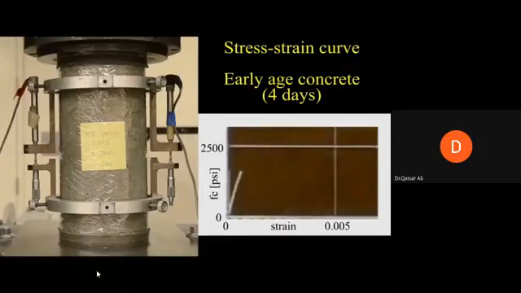But with further increase in load, the linear relationship ends in a non-linear relationship in the form of a curve, as shown.